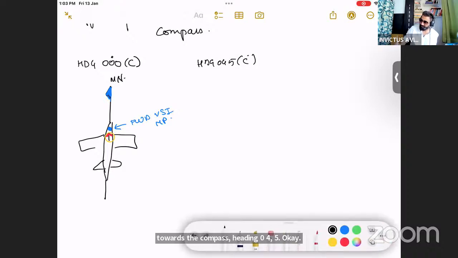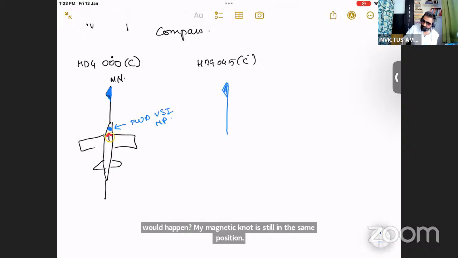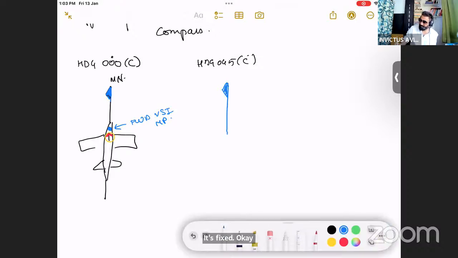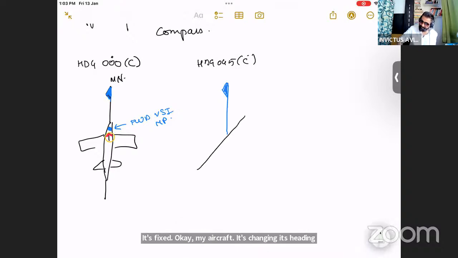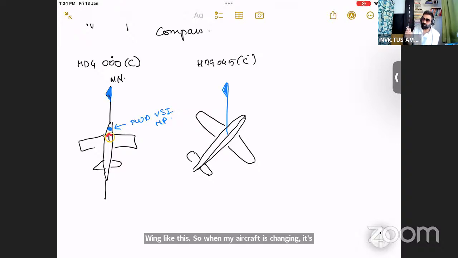My magnetic north is still in the same position, it's fixed. My aircraft is changing its heading, so this is the longitudinal axis. Then I'll make my aircraft wing like this. So when my aircraft is changing its heading, now what will happen?